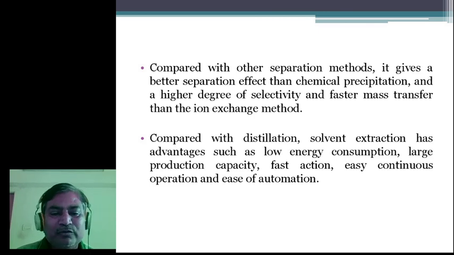It is used with two liquids which must be immiscible. And third thing, this technique is according to the distribution law.